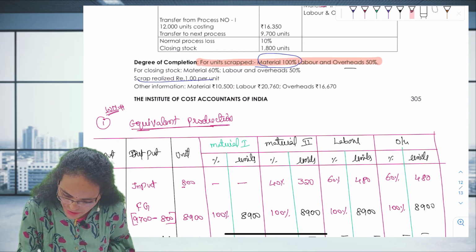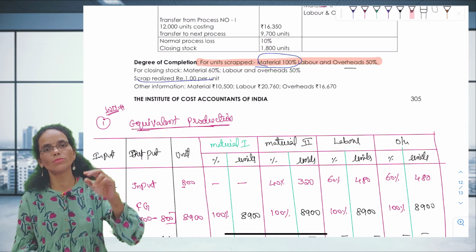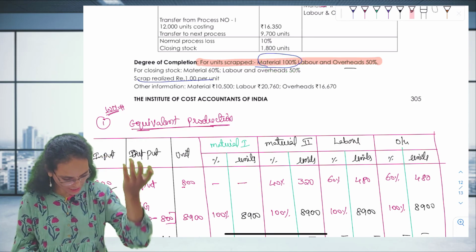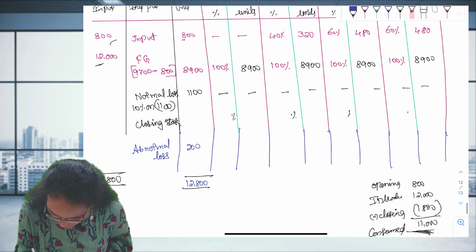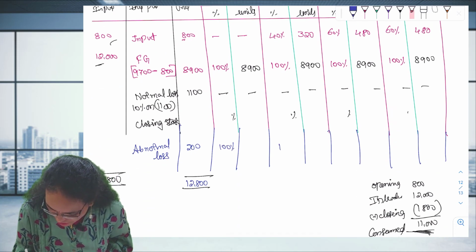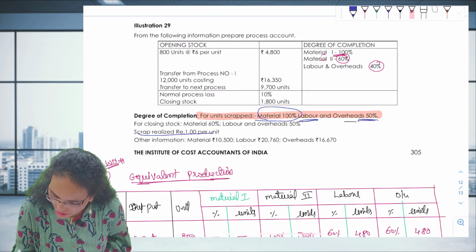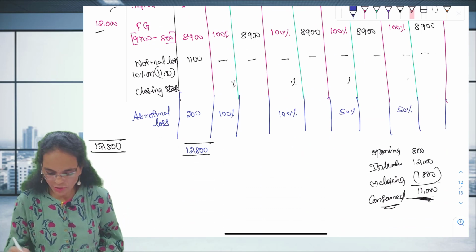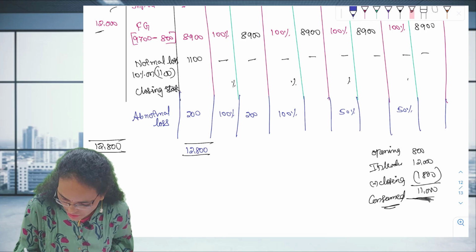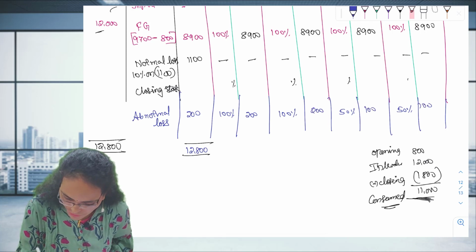Material is 100% for the units scrapped. We assume that material A and material B are both 100% scrapped. So here 100%, here also 100% material, and labor and overhead 50%, 50%. So 200 into 100% is nothing but 200. Here also 200. Here 100. Here 100.